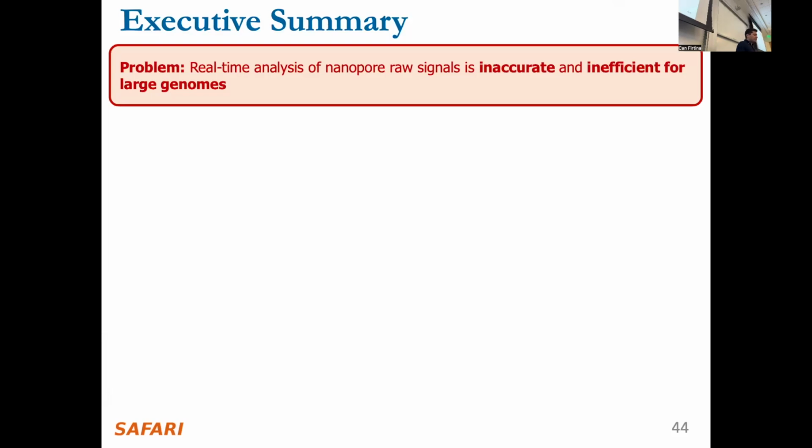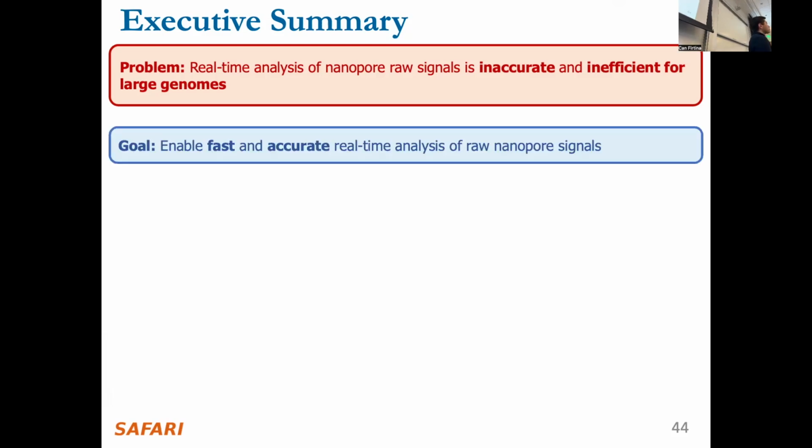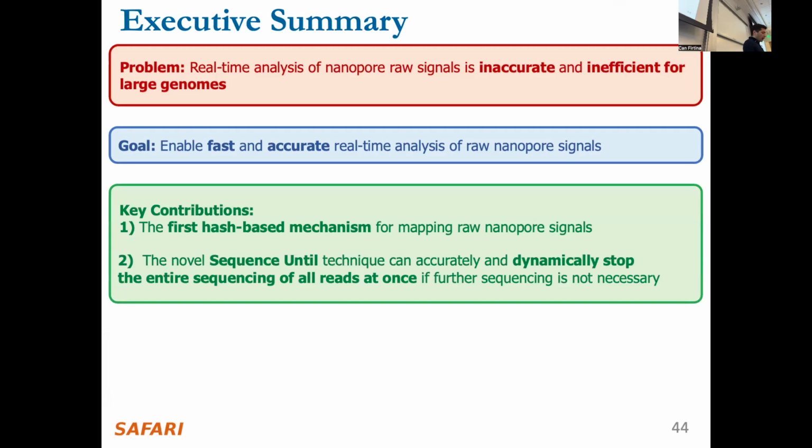The problem that we see is that the real-time analysis of raw nanopore signals is either inefficient or inaccurate, especially for large genomes. Our goal with RowHash was to enable fast and accurate analysis in real time, specifically for large genomes. We make two key contributions in RowHash.